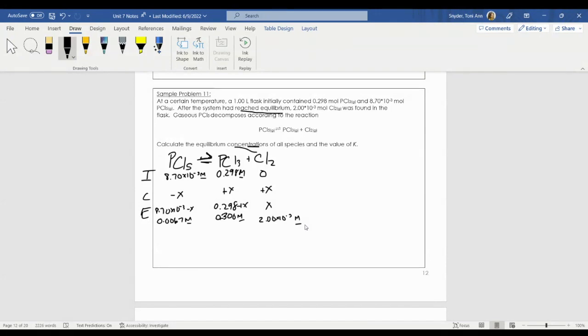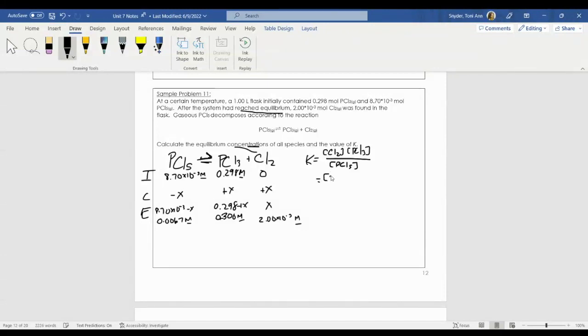Now that I have each of those equilibrium concentrations, I could plug all of these into my equilibrium expression to get the equilibrium constant. So I know that Cl2 times PCl3 over PCl5 is going to give me my equilibrium constant.